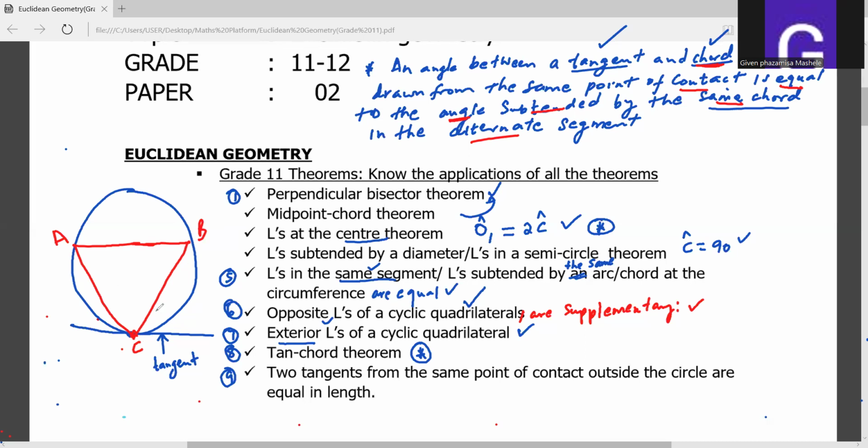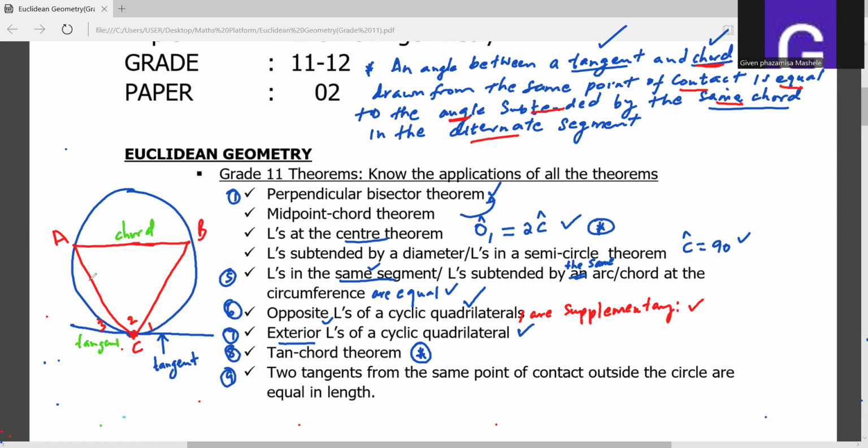On point C, we have three angles: C1, C2, C3. First of all, we know this is a tangent. This is a chord AB.